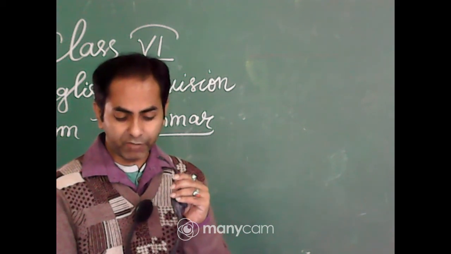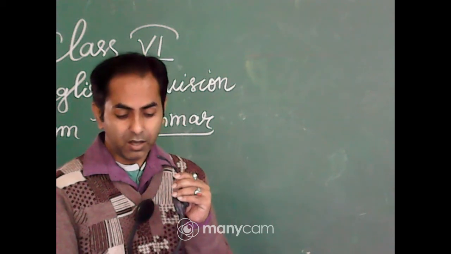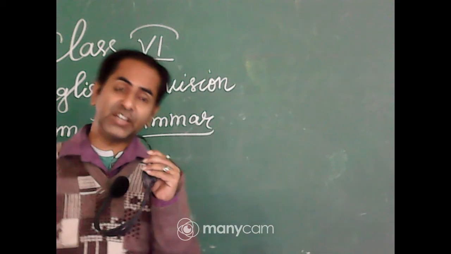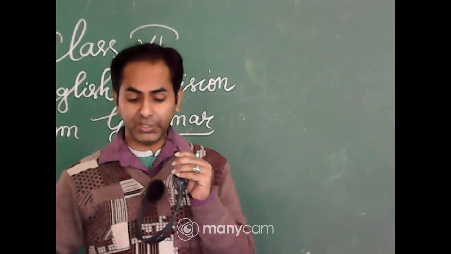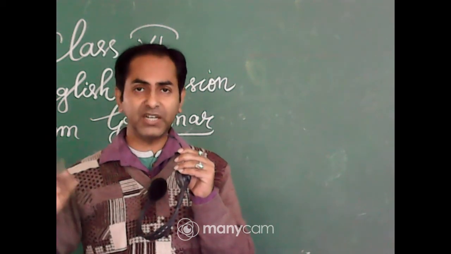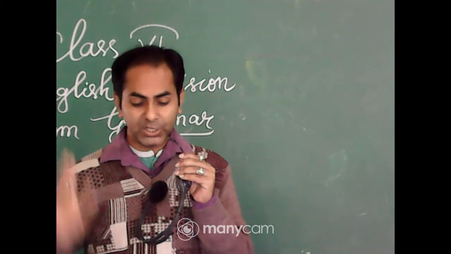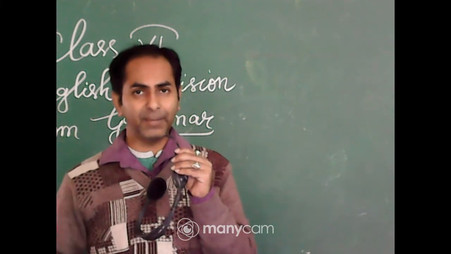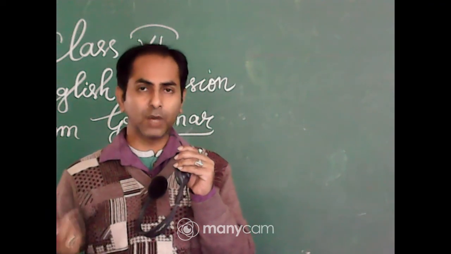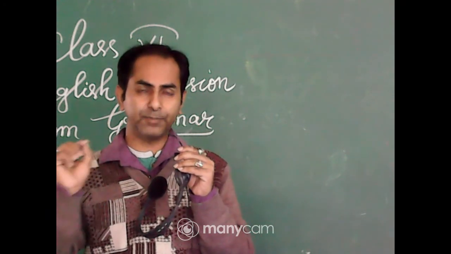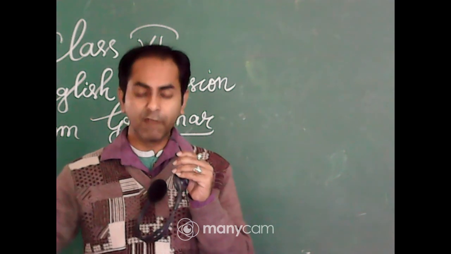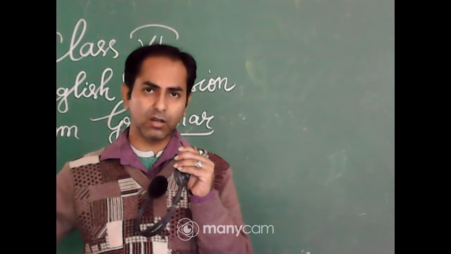So if a question comes like this, that the passive voice will be in which tense, where we can use the word BEEN between the helping verb and the main verb, and your options are present perfect tense, past perfect tense, future perfect tense, all of these.